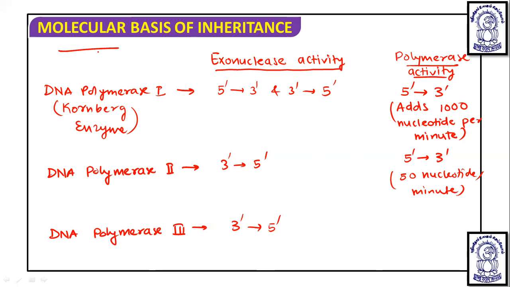Suppose this is a double-stranded DNA with a 5' end and a 3' end here, and a 3' end and a 5' end there. If the enzyme removes nucleotides from the 5' end towards the 3' end, it is 5' to 3' activity. But if it removes nucleotides from the 3' end towards the 5' end, it is 3' to 5' exonuclease activity. So DNA polymerase 3 has 3' to 5' exonuclease activity and 5' to 3' polymerization activity, at a rate of 2000 base pairs per second.